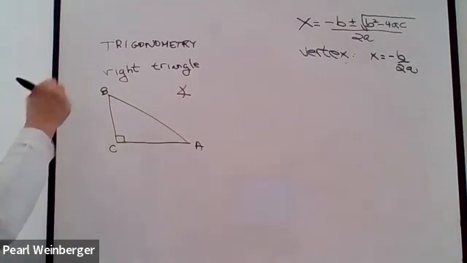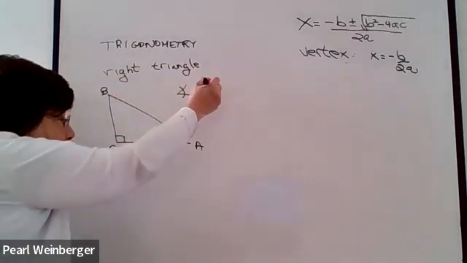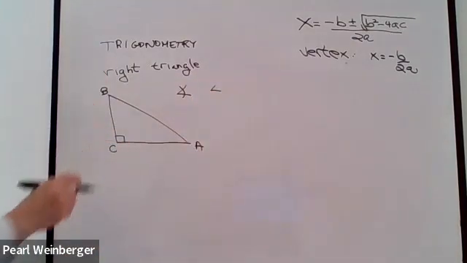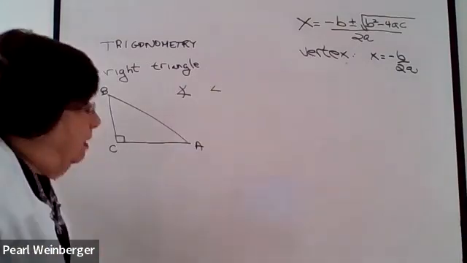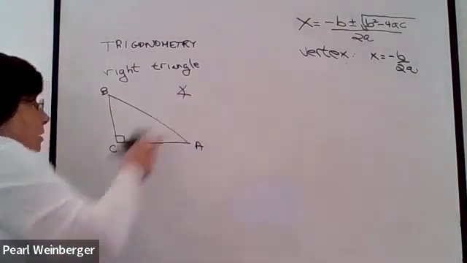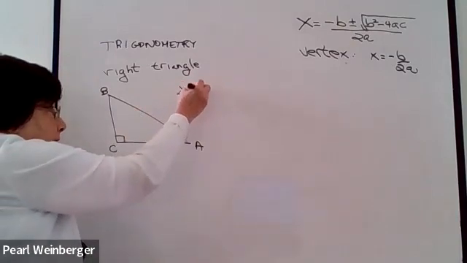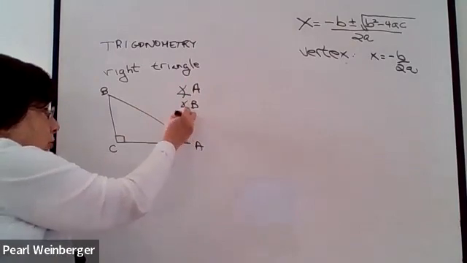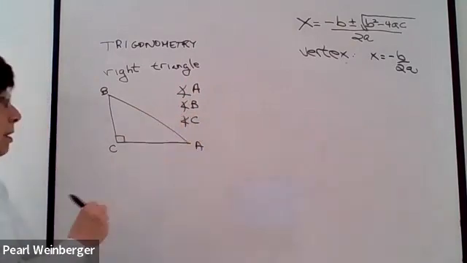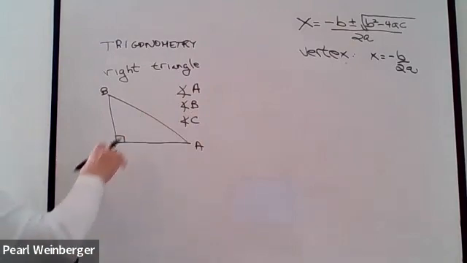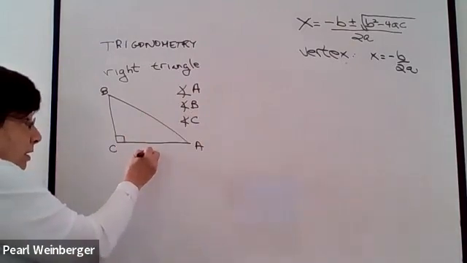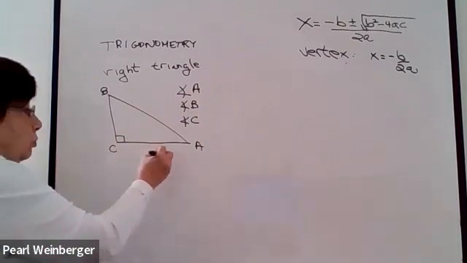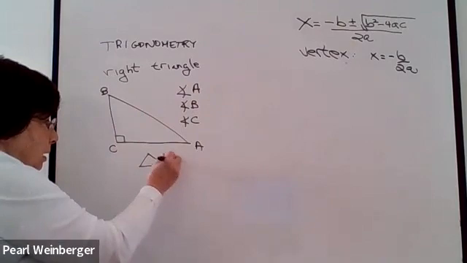In the book, you might see it just like that, but I try to put another line across it so that it doesn't look like an L. I can talk about angle A, angle B, angle C. And this is the symbol we use for triangle, so this is called triangle ABC.